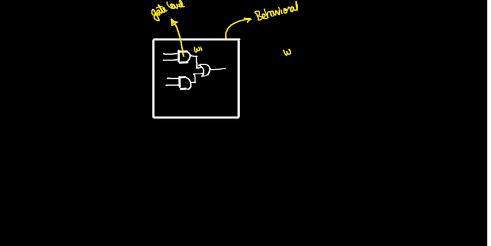So I may specify assign this W1 as A AND B and so on. So if this is A and this is B, this is what is called dataflow modeling.